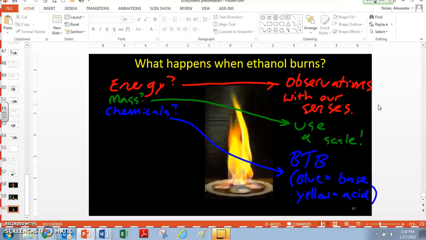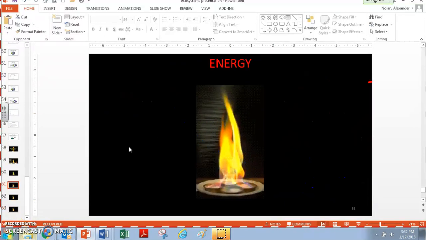So we have these three tools. One of them is just our eyes and our ears and our hands and even our noses. One is the scales that we can use to figure out what happens to the mass. And then the other one that we can use is BTB. So between these three tools, we can really answer this question about what happens when ethanol burns. So let's start off just by talking about energy.